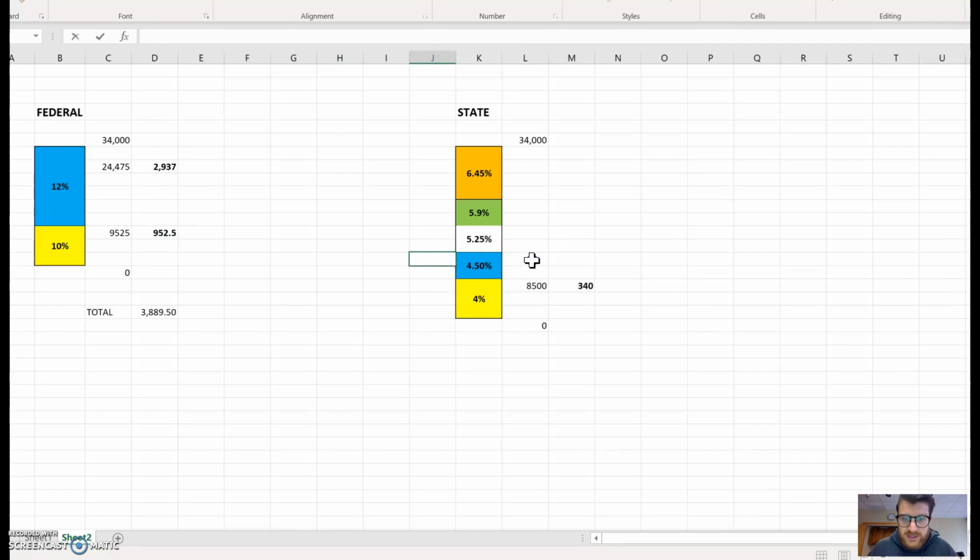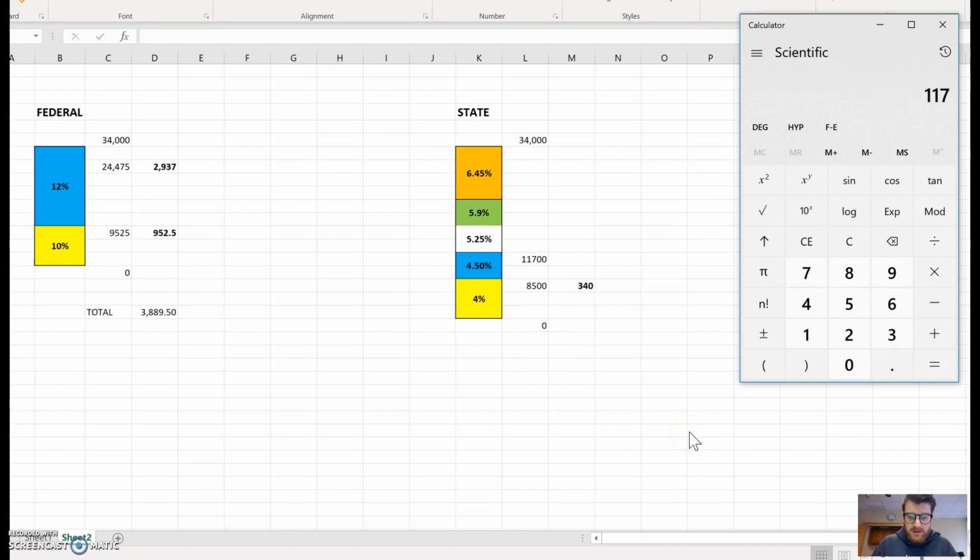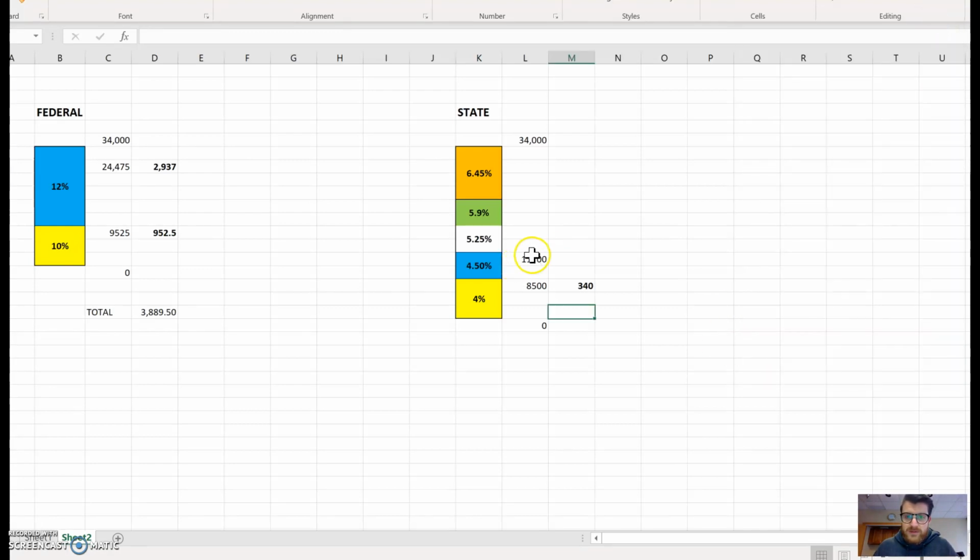Actually, sorry, changing my mind. So, we're looking at this difference. So our $8,500 all the way to $11,700, how many dollars is that we're getting taxed on in that bracket? Subtract. So there's $3,200 in that bracket. So I'm just going to erase this.